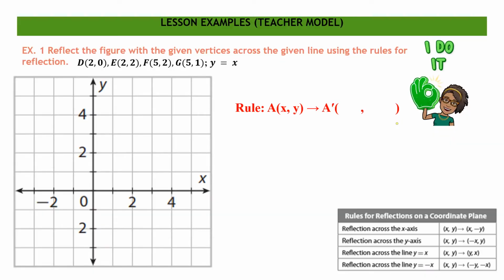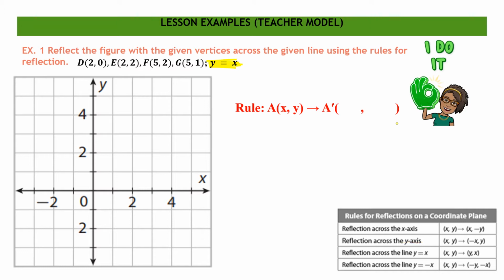Okay, so let's look at example 1. It says reflect the figure with the given vertices across the given line using the rules for reflection. So the rule that's been given to us is y equals x. Okay, so if we look at our little cheat sheet at the bottom here where it says rules for reflection on a coordinate plane, we see that y equals x, sorry, wrong one.